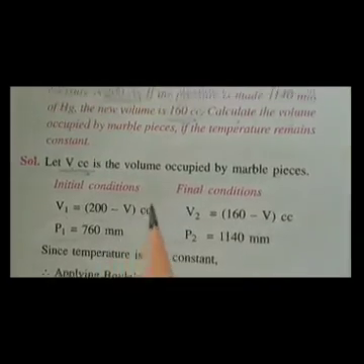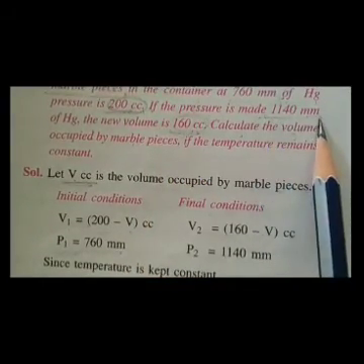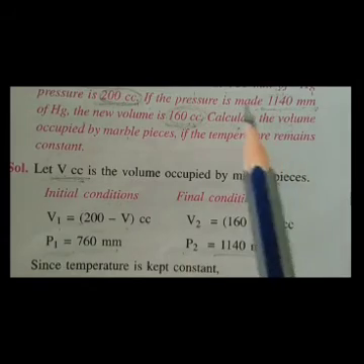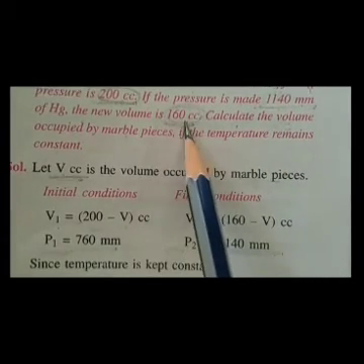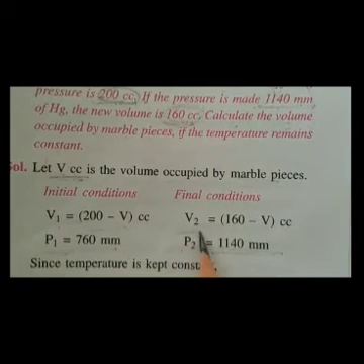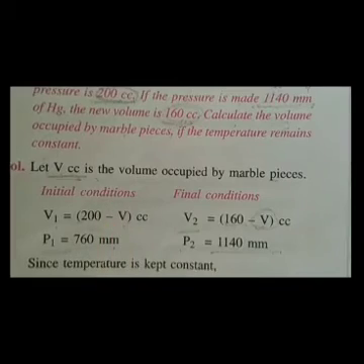Similarly, in the second case, at pressure P2 equal to 1140 millimeter, the total volume is 160 cubic centimeter. So the volume of only gas will be total volume minus the volume of marble pieces.